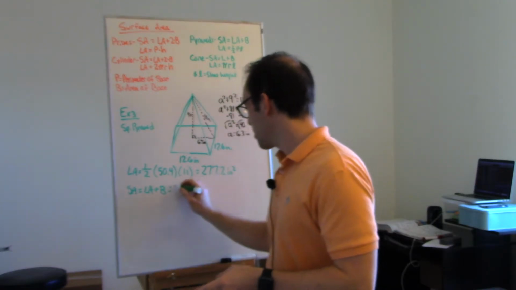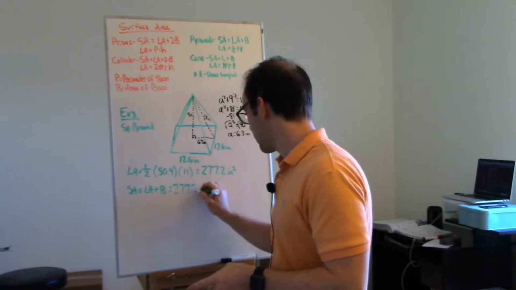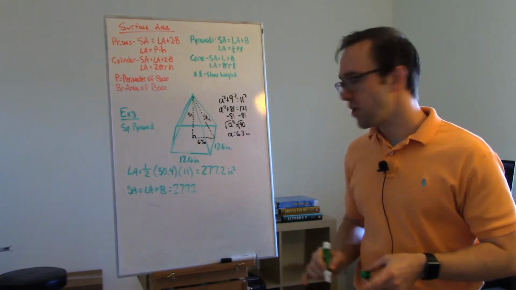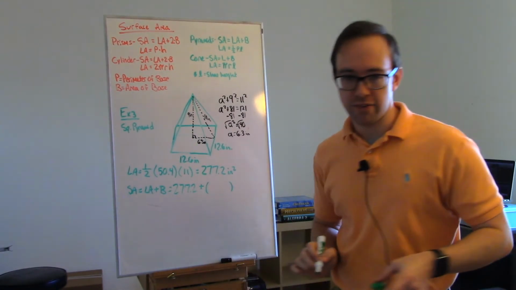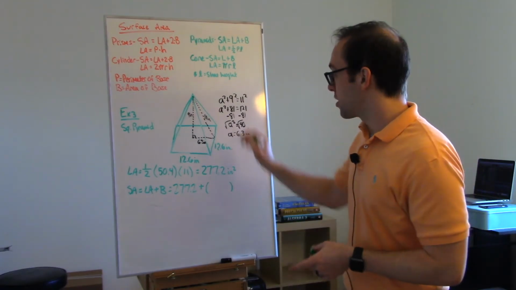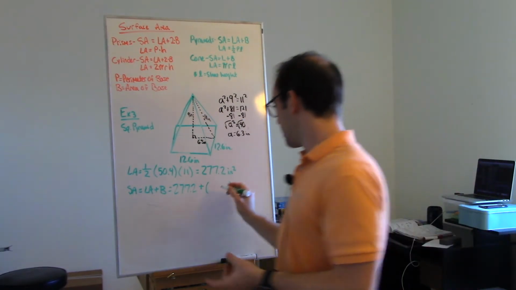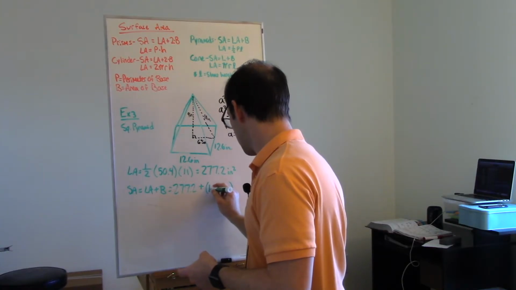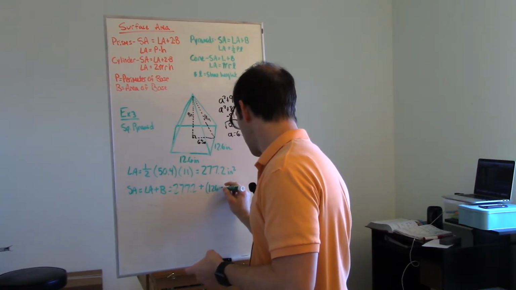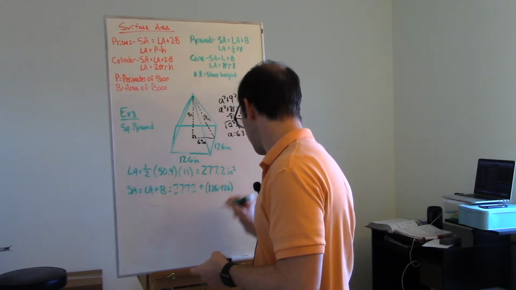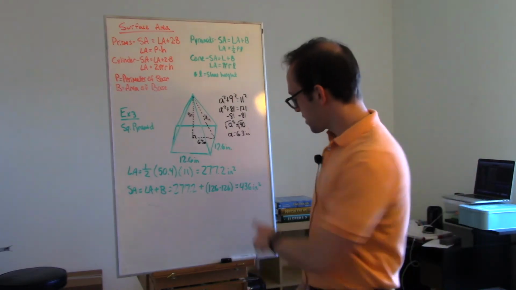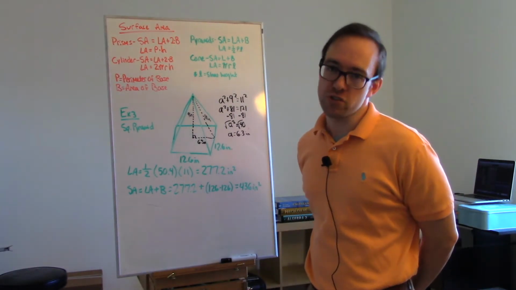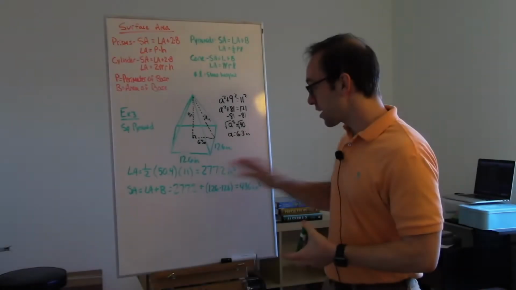So the lateral area, 277.2 from what we just found, and then add in the area of the base. The area of the square is length, 12.6, times width, 12.6. So 12.6 times 12.6. So the surface area is 436 inches squared. That concludes example number 3.